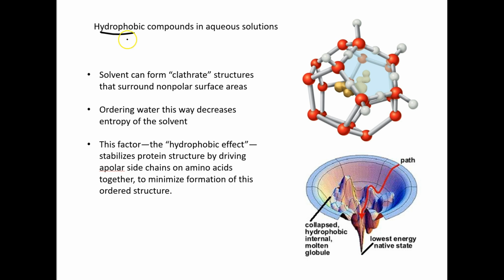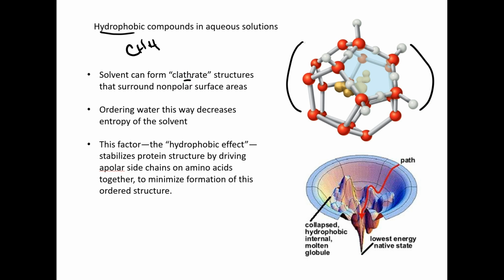Like we could just say dissolved methane. This is obviously not methane, this is a more complex structure, but anything hydrophobic. What's going to happen is it's going to have a very limited solubility in water. And what water will do is reduce the interaction with the thing that it doesn't like. It will strongly associate with itself via hydrogen bonding in a network of bonds, forming a shell around the hydrophobic compound. And this is called a clathrate.